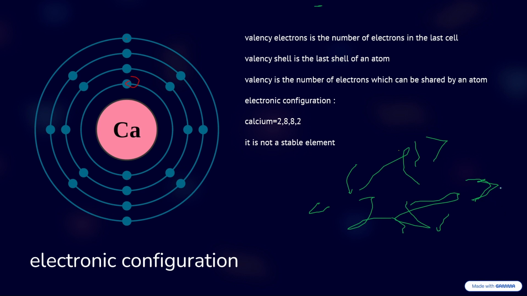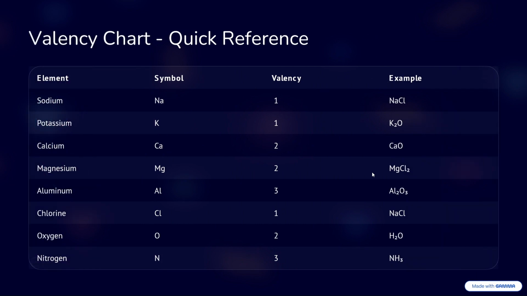So to become stable, it needs to have 8 electrons in its valence shell. Now it can lose or gain electrons, right? It can lose 7 electrons or gain 1 electron. Gaining one electron is easier than losing 7 electrons. It is obvious, right?